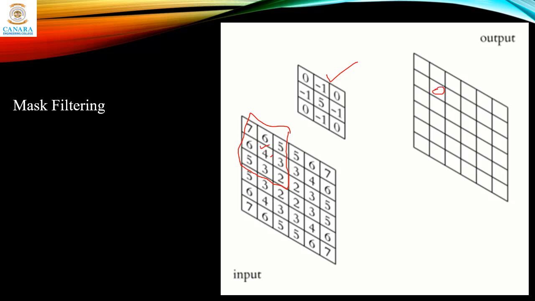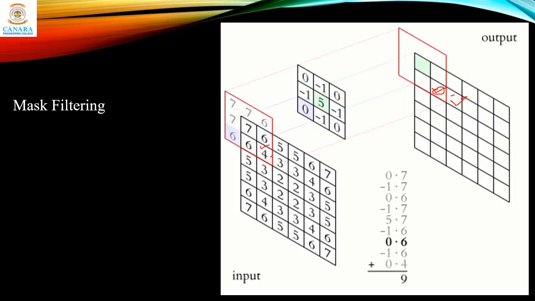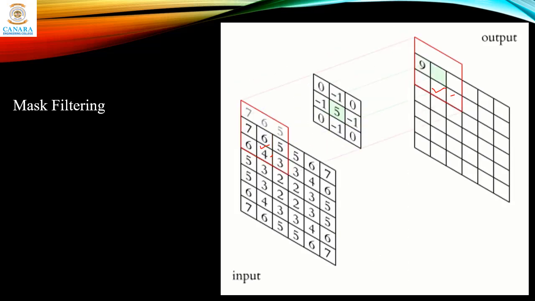Similarly, to filter 3, I'll move the mask one bit to the right, and then I'll write the new value here, whatever I get. So this is how the filtering is done. In order to illustrate it, let us see the animation. First we'll get rid of these markings. So this is how it works.